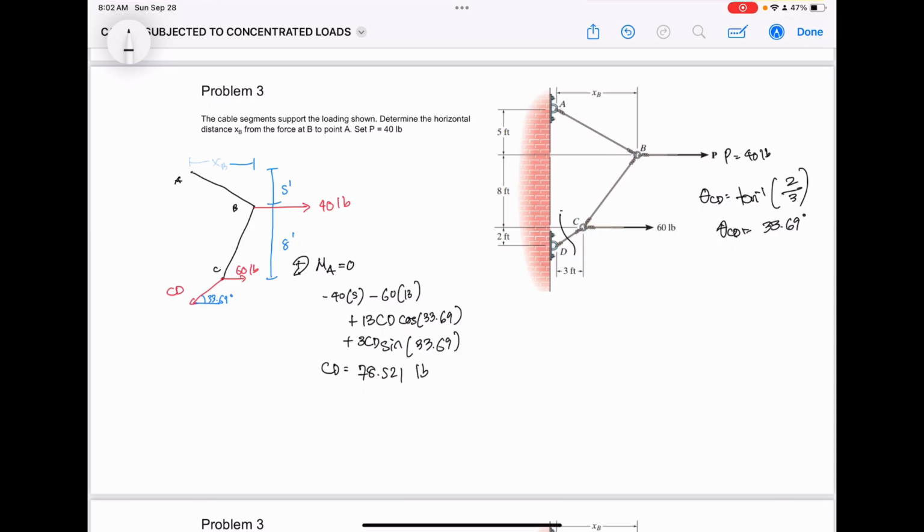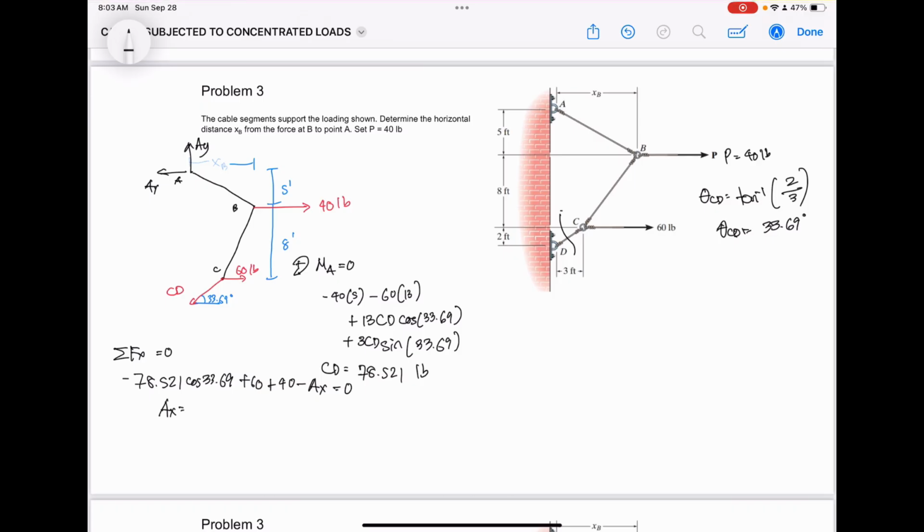Pounds. So we can do, meron pa tayong AX dyan and AY pala. We can do summation of forces along X equals 0. Negative 78.521 cosine 33.69 plus 60 plus 40 minus AX equals 0.